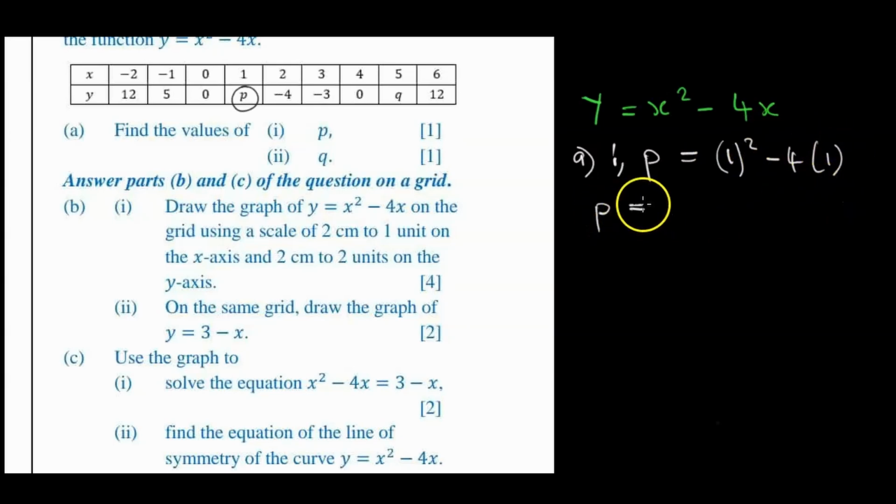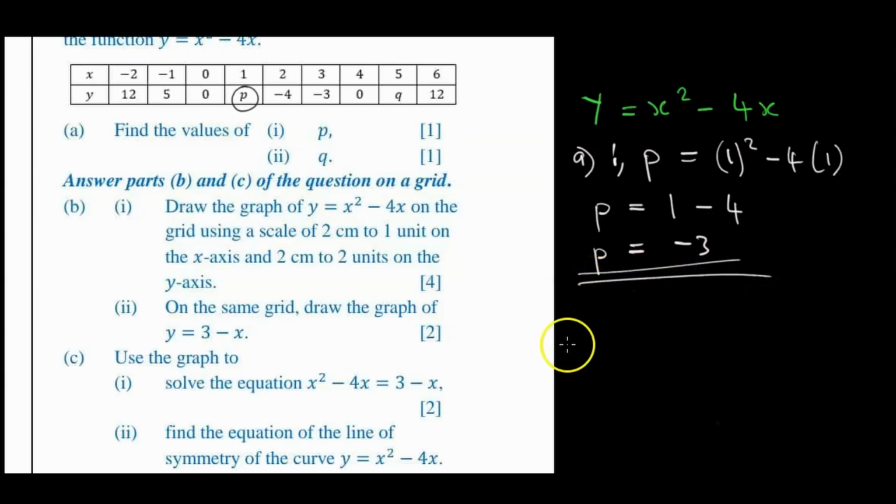So p is equal to 1 squared minus 4 times 1, which means p is equal to minus 3.